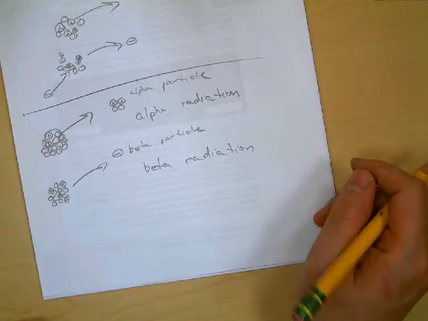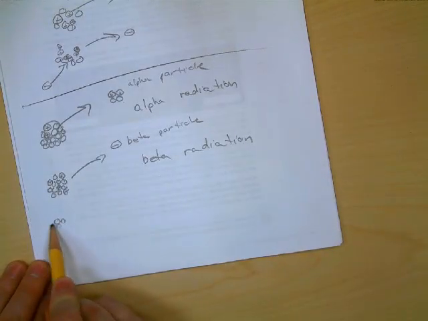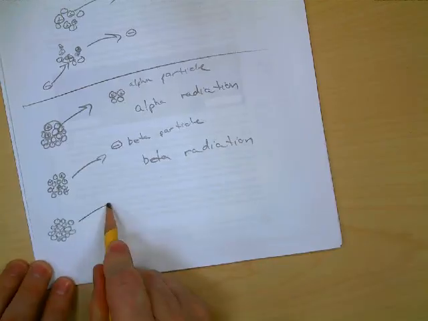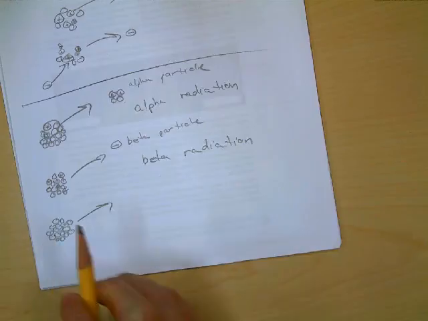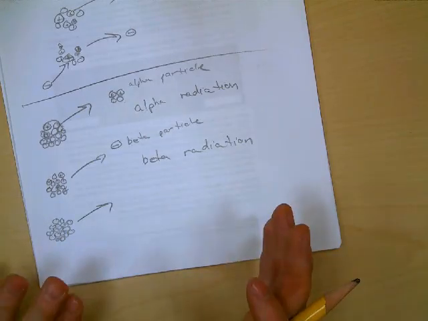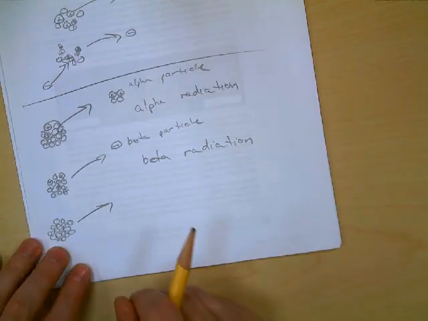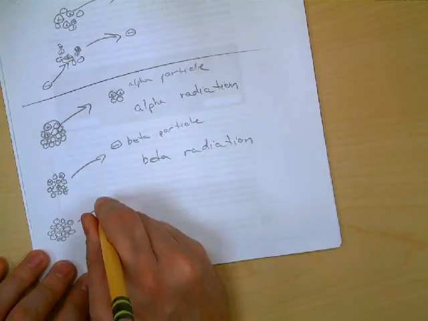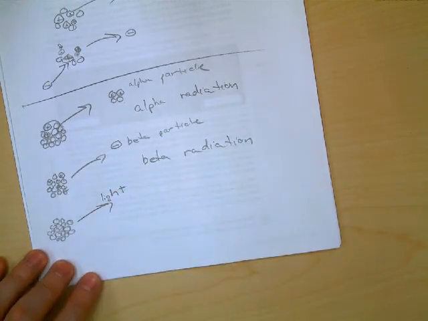Okay. Well, another thing that can happen, big honking nucleus, is sometimes these nuclei don't actually eject particles, but they eject light rays. They just shine out a very strong light. Maybe you could talk about ejecting a photon, which is a particle, but it technically has no mass or charge. So it gets rid of high energy light.